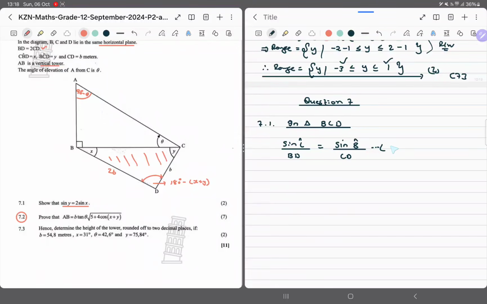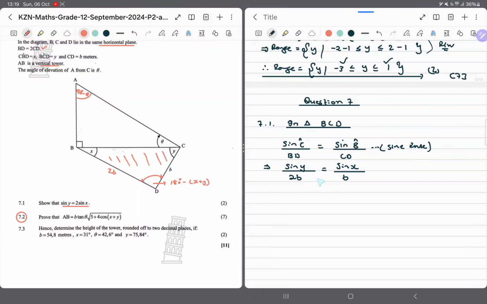So now why are we doing this? We are using the sine rule in this particular triangle. There's no need to say D, B, C or whatever. Now we just substitute. What is sine C? It's sine y divided by BD, which is twice side b. So this is sine x divided by just b.